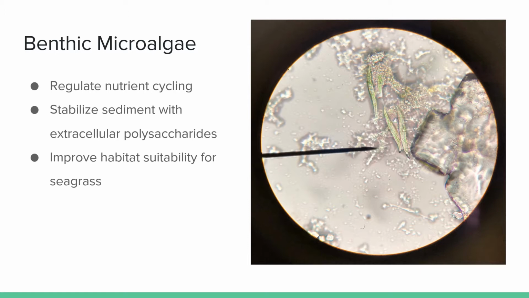These are slimy substances that the microalgae excretes that stick together sediment, so it is not washed up by the tides and the currents and suspended in the water column. This helps keep the water clear so that seagrass can use the sunlight to photosynthesize.